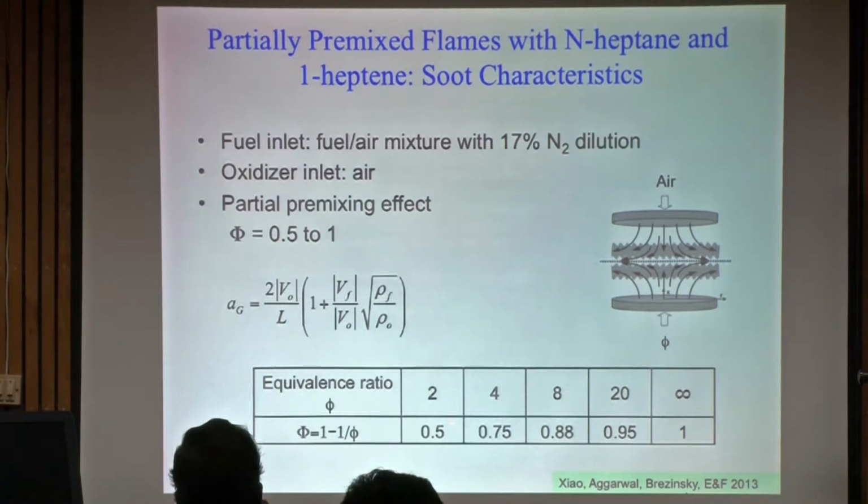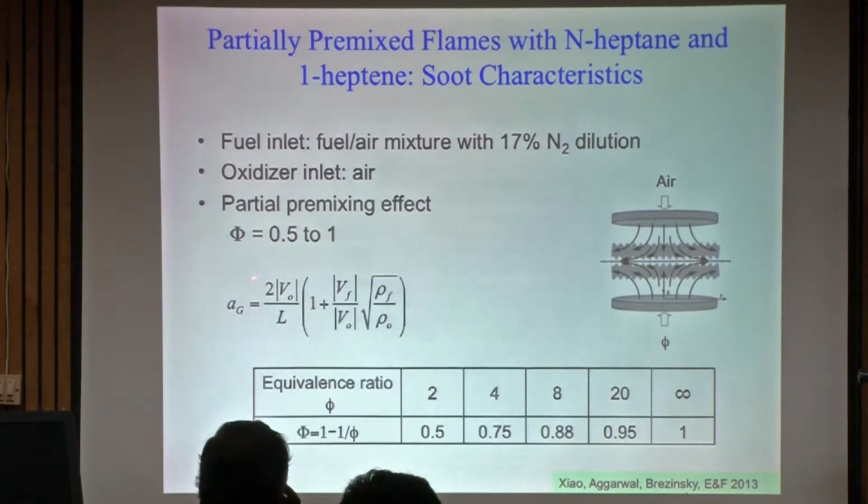If you go to premixed flame, phi will be 1, so this will become 0. So for premixed flame, big Phi is 0, but for diffusion flame it is 1. So it varies between 0 and 1, whereas phi varies from 1 to infinity.